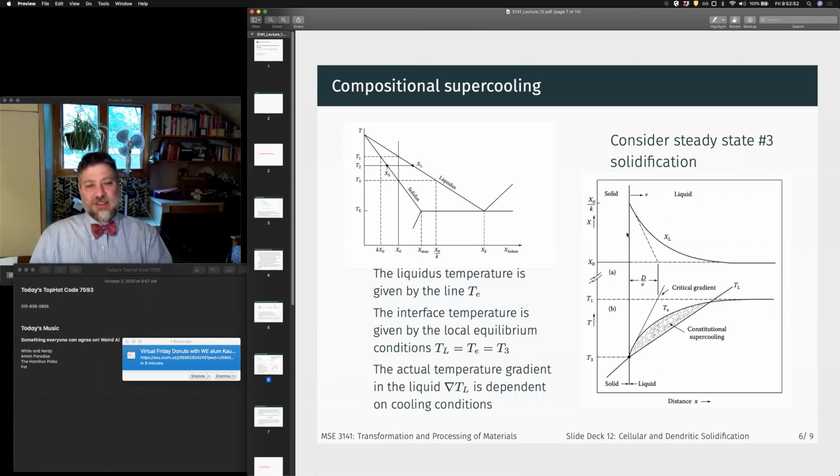There's no way we can actually make that work, but let's pretend for a second. What does that mean about the undercooling as we move out? If the melting temperature is lower here than it is out here, what happens to our undercooling?